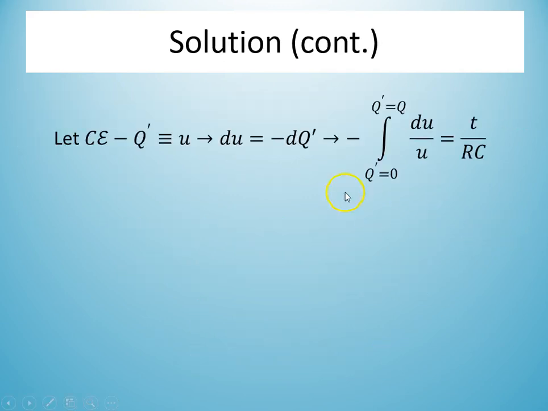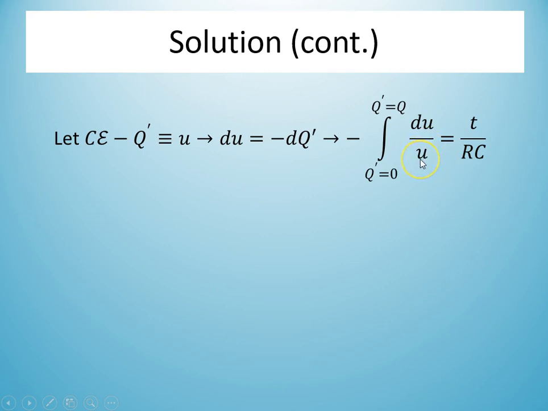We're going to define that denominator as u and recognize that the derivative with respect to u is just negative the derivative with respect to q prime. So everywhere we see a Cε minus q prime, we're going to replace that with a u, and everywhere we see a negative dq prime, we're going to replace that with a du.